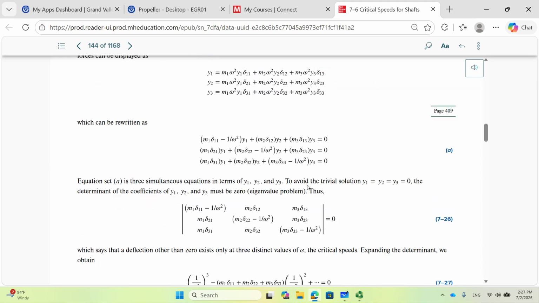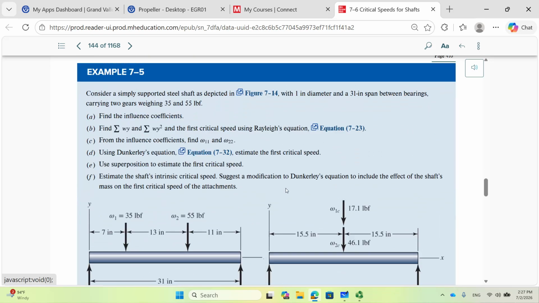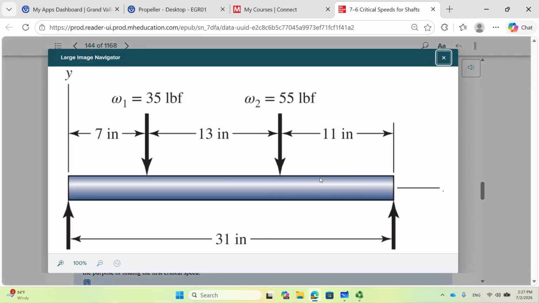Okay, so let me explain it based on this shaft. In this shaft, we have two W's. W1 is the first gear, 35 pound, and the other one is 55 pound, W2. Due to the weight of these two gears, this shaft is going to deflect, is going to deform, right?